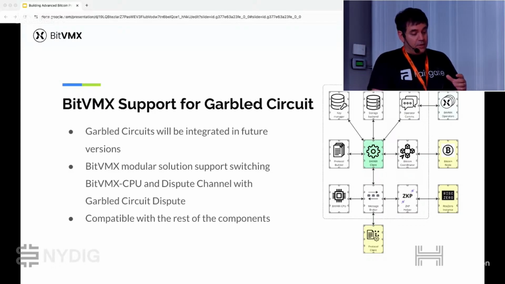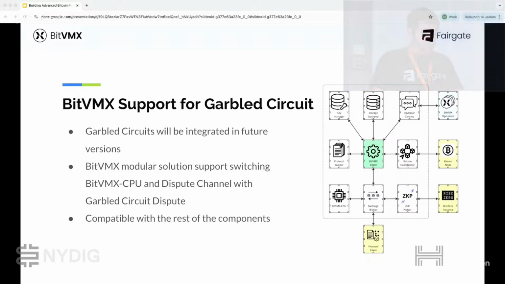Well, regarding garbled circuits, BitVMX will be supporting them. It will be integrated in future versions. The idea of having BitVMX made in a modular way is that we are able to switch components easily. Probably the only component that we may need to change is the CPU, and probably modify the dispute channel a little bit to work with garbled circuits.